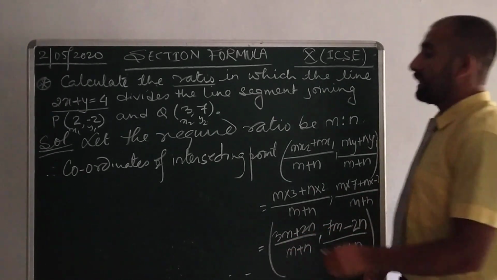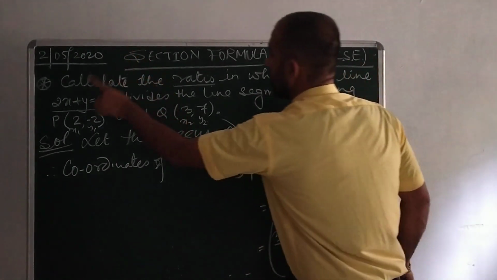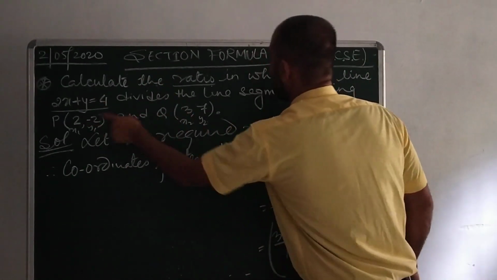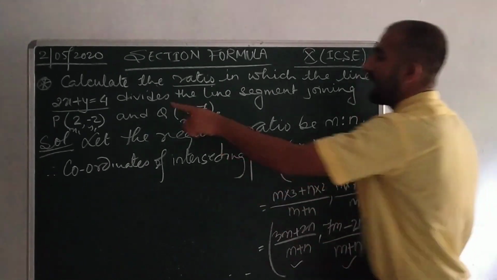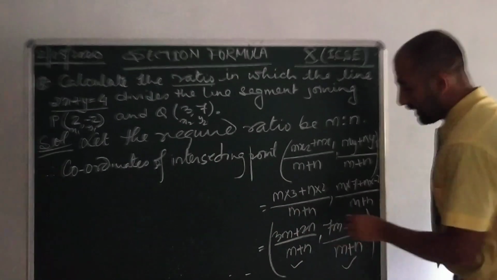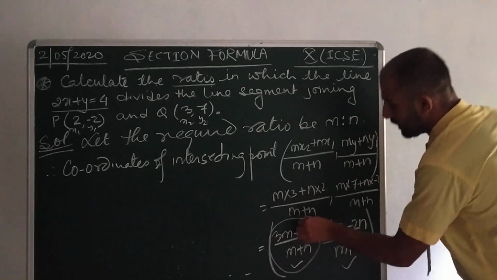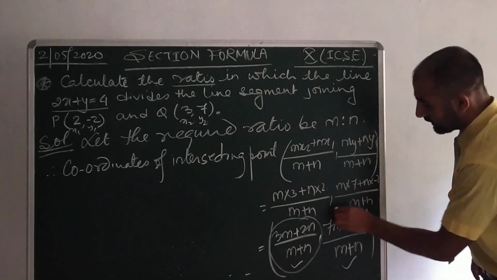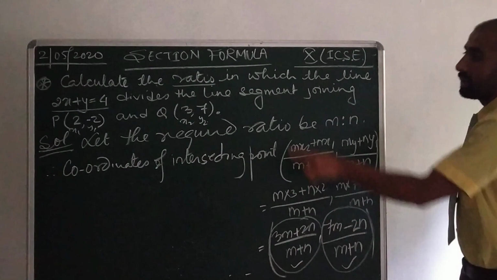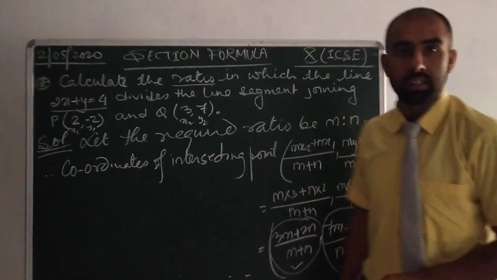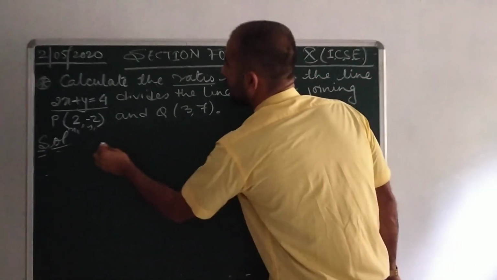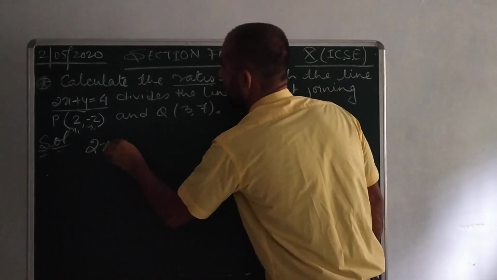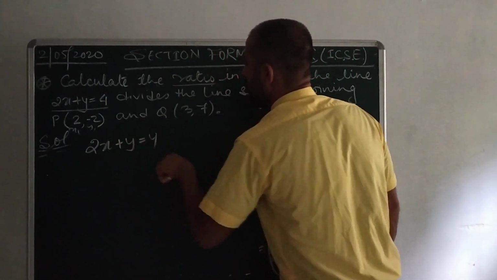So this is the coordinate of the intersecting point we got. And as this line divides the join of these 2 points, that means this point must lie on this line. That means this value goes in place of x and this value goes in place of y. So let's calculate it. Okay, let us take the given line 2x plus y equals 4.